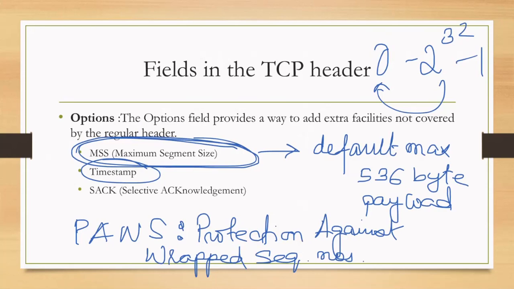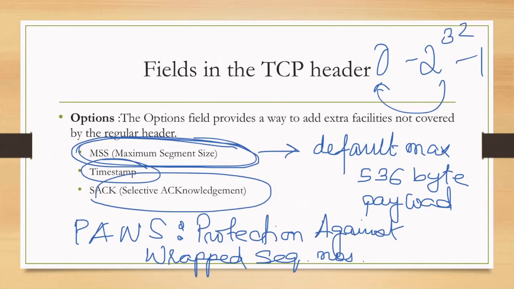Then we have the case of selective acknowledgement. If TCP is using this option, it lets the receiver inform the sender that this is the range of sequence numbers that I have received.